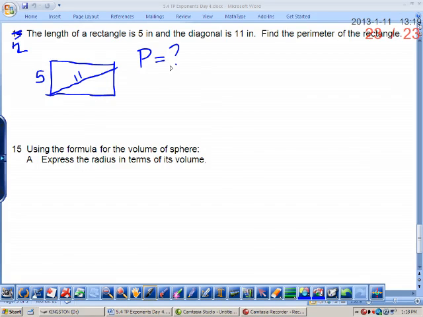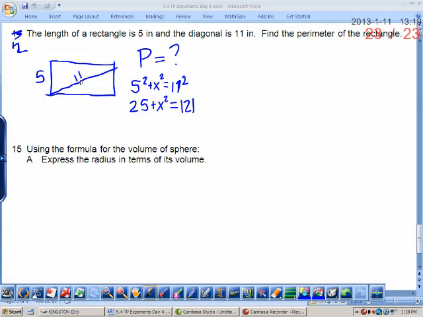What are we going to have to do to find the perimeter? Yeah, Pythagorean theorem to find the missing side. So 5 squared plus x squared equals 11 squared. 5 squared is 25 plus x squared equals 121. But this makes a right triangle, half the rectangle.